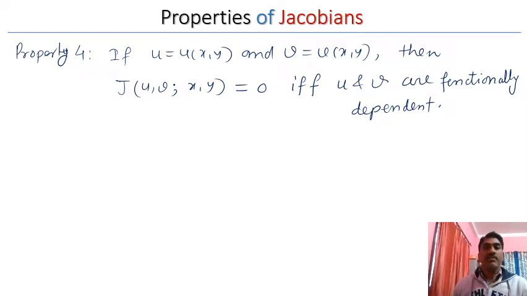In fact, if you have n functions and n variables, then the property holds true.